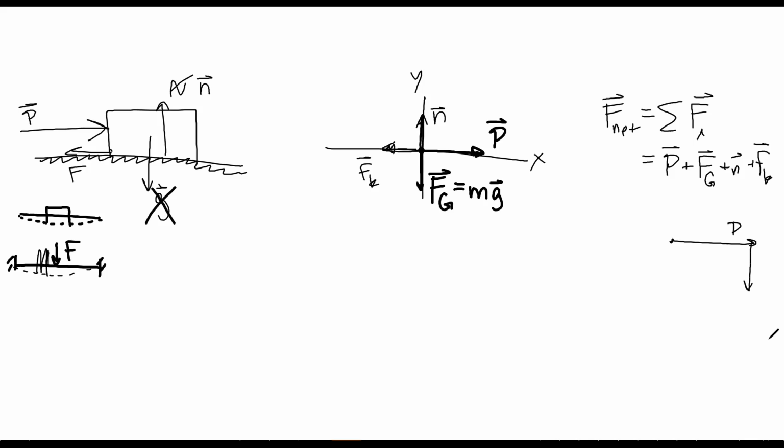We're doing tip to tail. And then add normal force next. If we add the normal force next with the same tip to tail, it's going to be kind of up. And then the friction force points backwards.